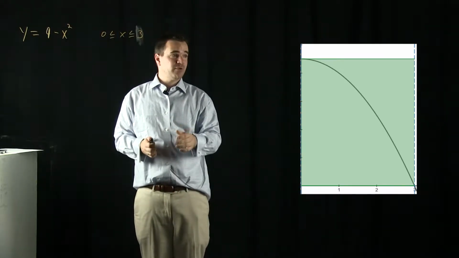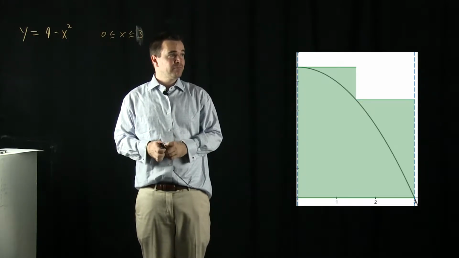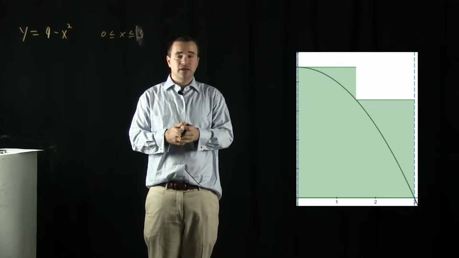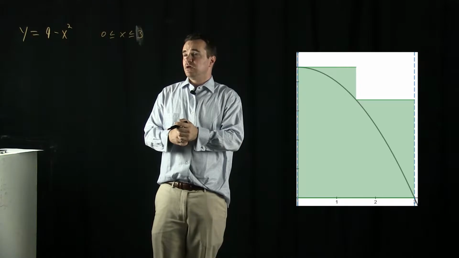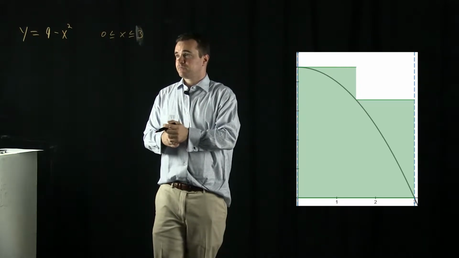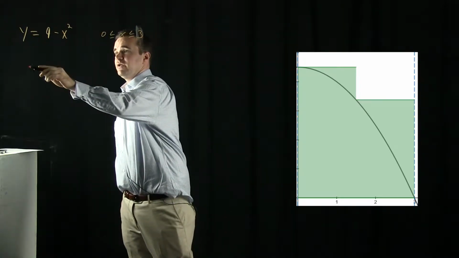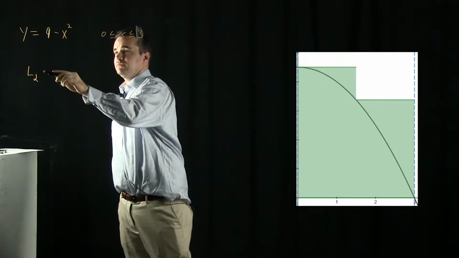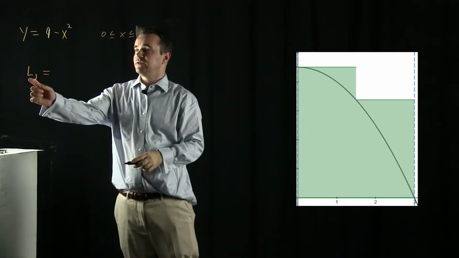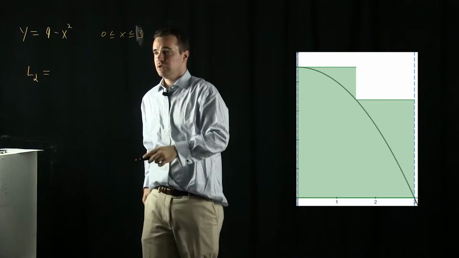I'll show you that approximation with two rectangles there. And so what's the area of that? We can give a formula for it. I'm going to call it L2, and I'll explain that notation later. It basically means left-hand endpoints with two rectangles.